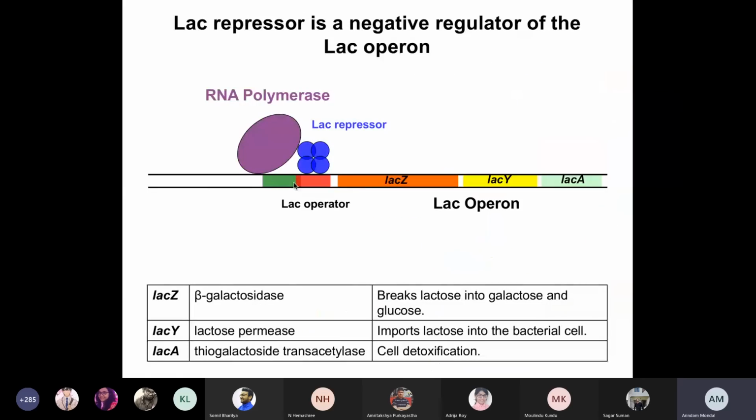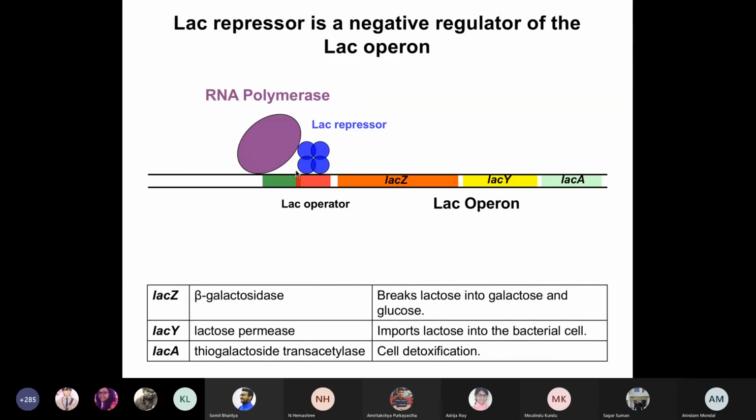But in this case, because the LAC repressor remains bound to the LAC operator site, it inhibits the RNA polymerase from binding to the promoter, and hence it inhibits the transcription process. So in the usual case, there is always LAC repressor bound to the LAC operator, and hence it keeps the LAC promoter in the switched off mode.